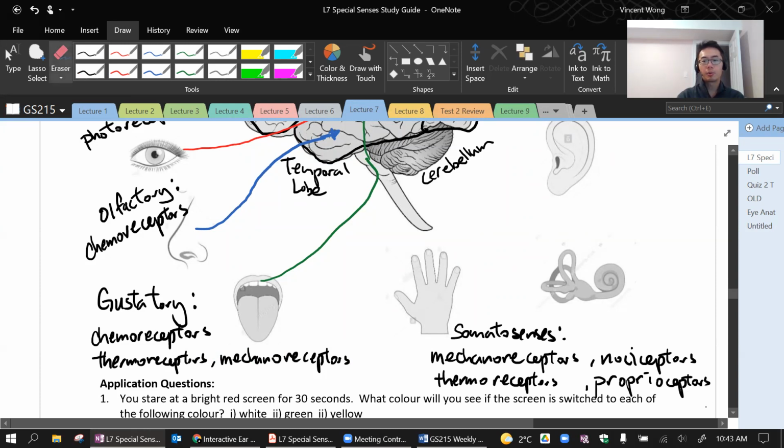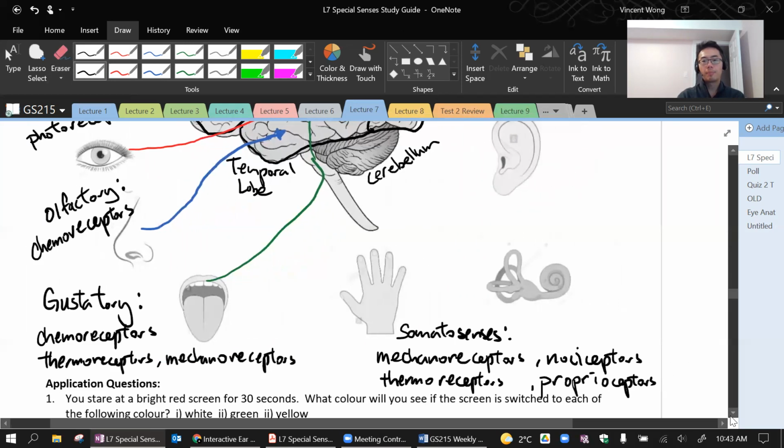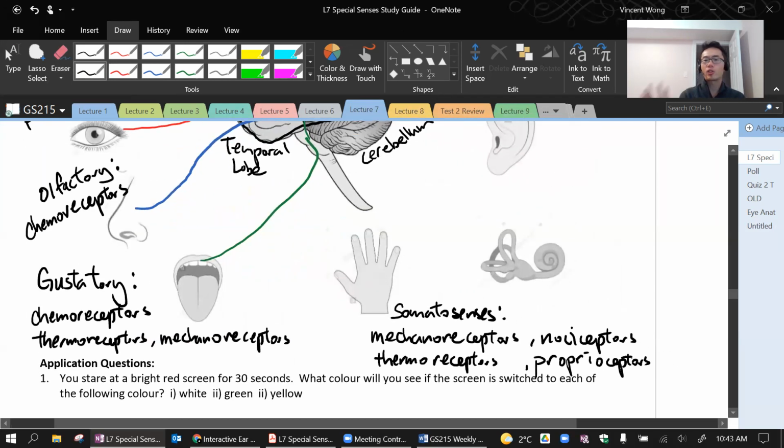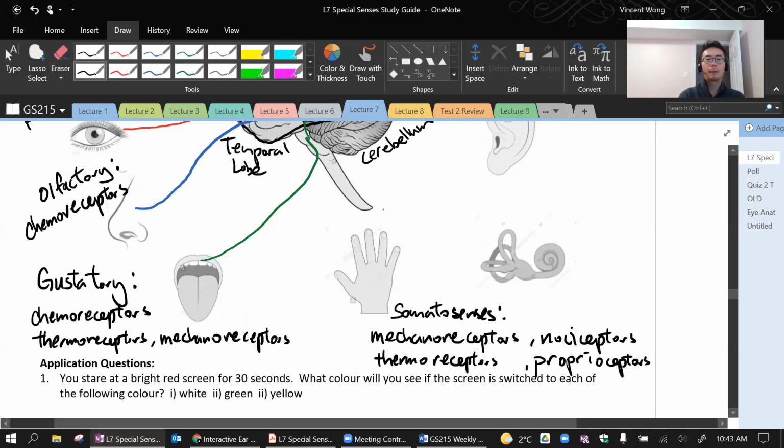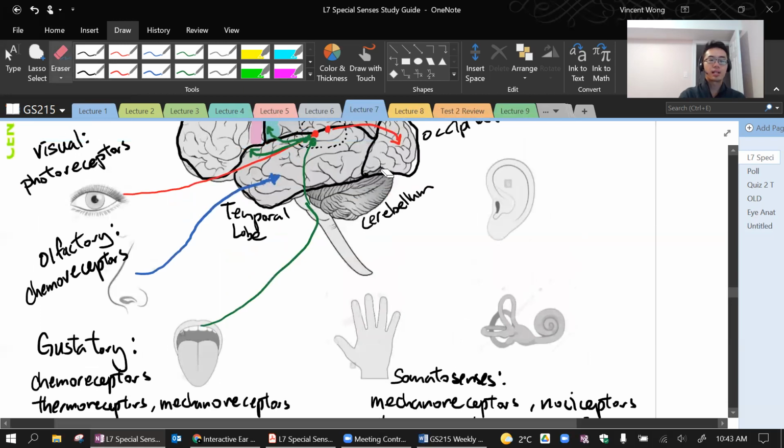We didn't really talk about proprioceptors, but I'll tell you now. They basically detect stretching of the muscle, stretching of the tendons. How much they stretch gives information about how your muscles are moving, right? So that's vital information for things like maintaining balance and equilibrium.